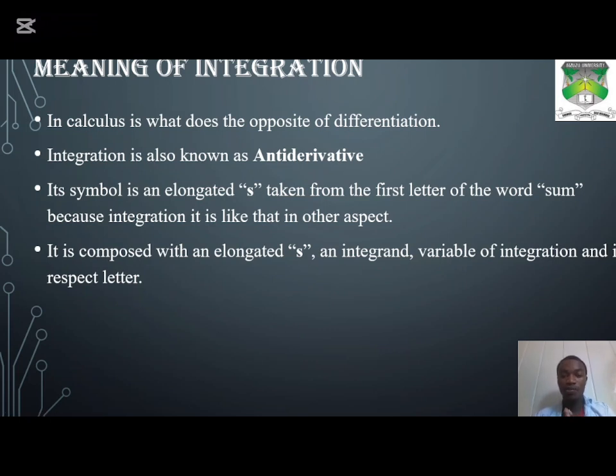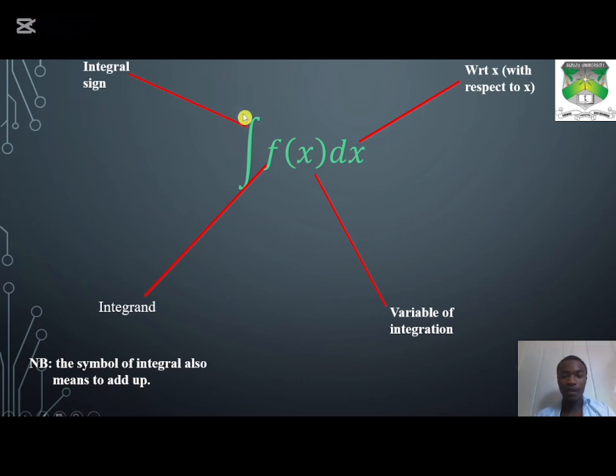For us to be together, we need to see the symbol actually. Okay, let's move on. This symbol is called integration. This symbol does the opposite of differentiation, and as I said already, it is an integral sign.